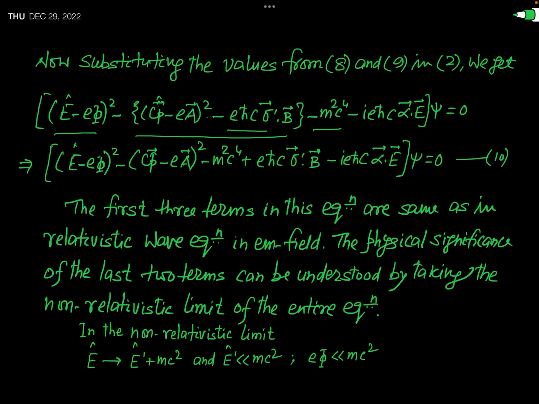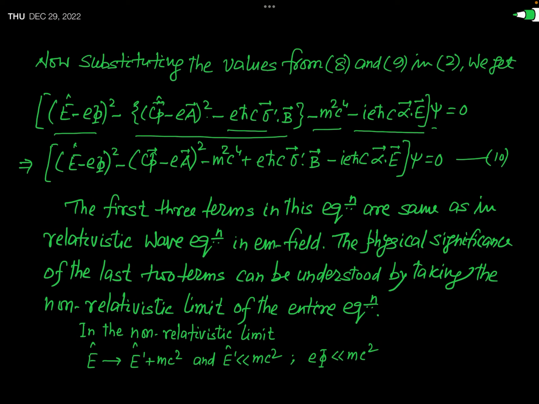For the last two operators we have obtained i e h bar c alpha dot E, operated on psi, equal to 0. So this is actually the Dirac equation in electromagnetic field.